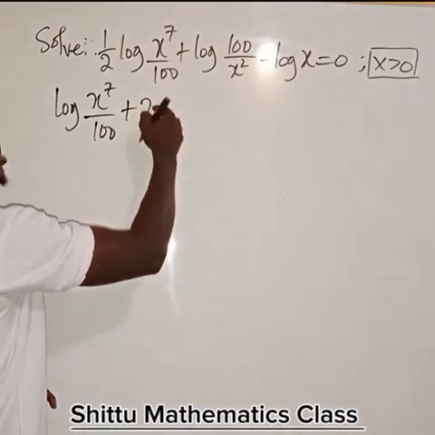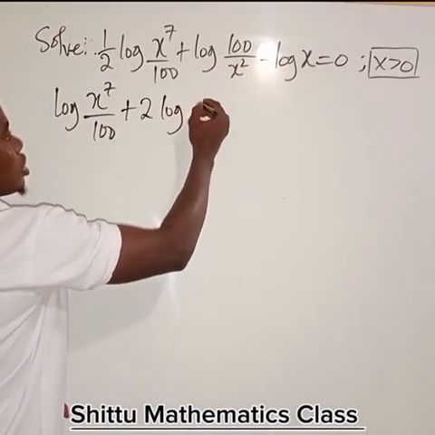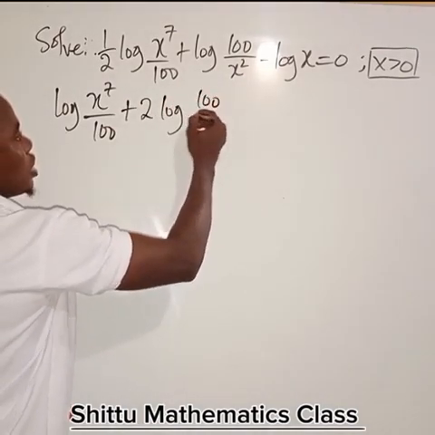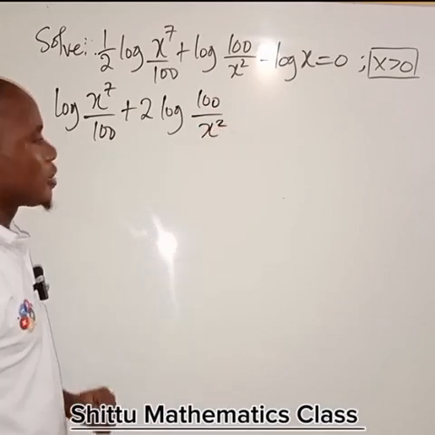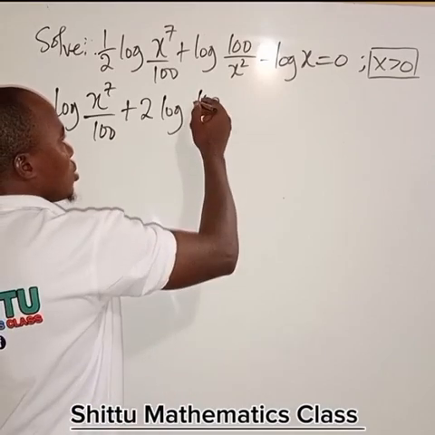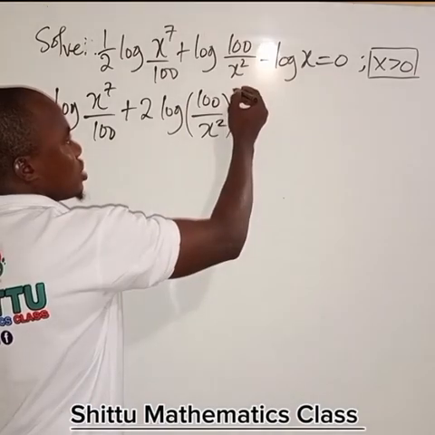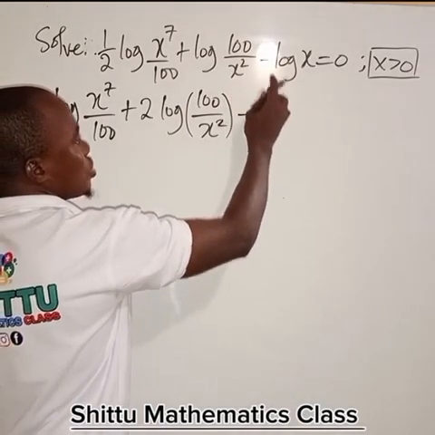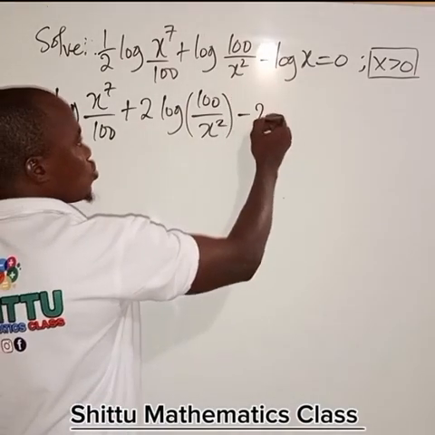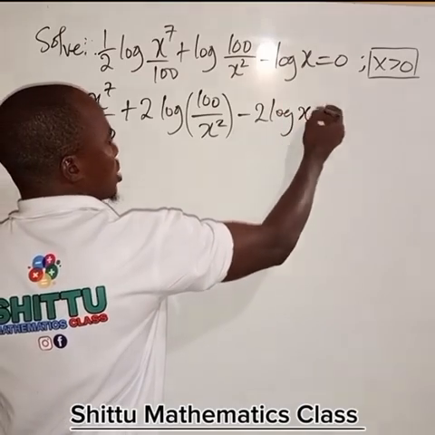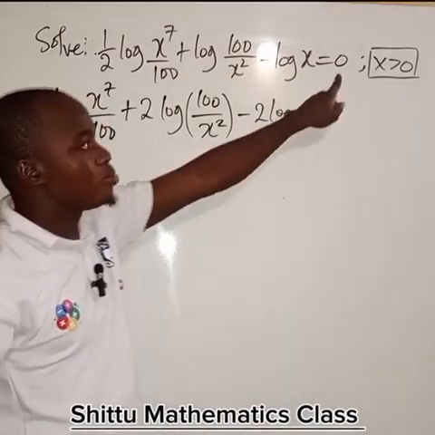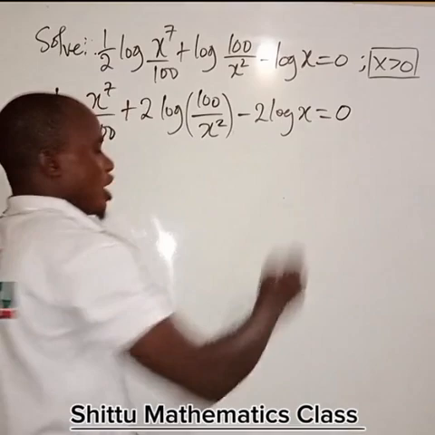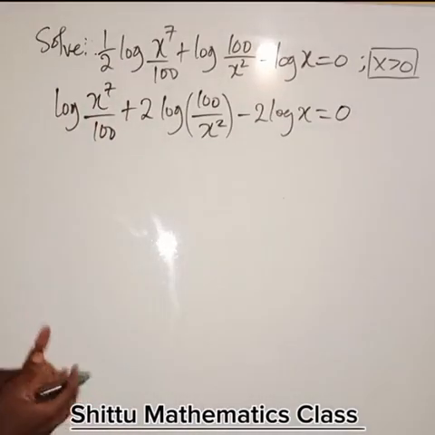We're going to be having 2 times log then 100 over x squared. Don't forget that. Then also, let me put the parentheses, then minus, don't forget we are multiplying by 2 log x, then equals, if you multiply 2 by 0, you're still going to have 0. I believe you are following.